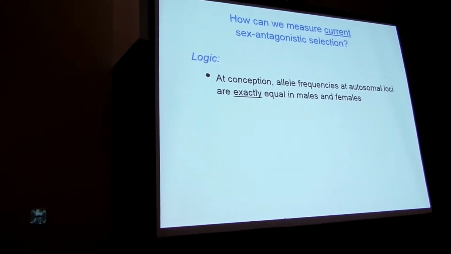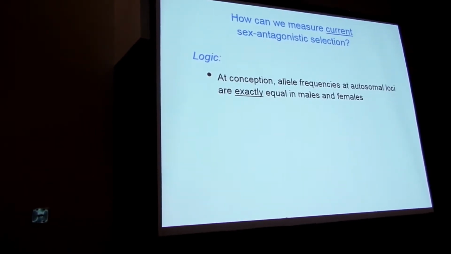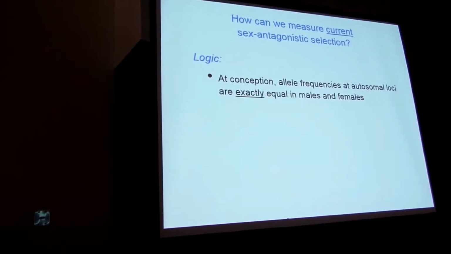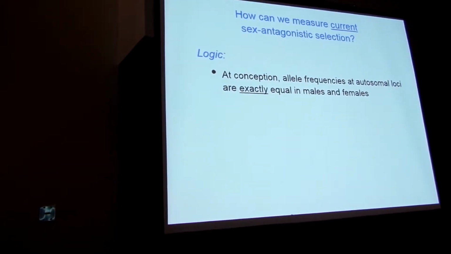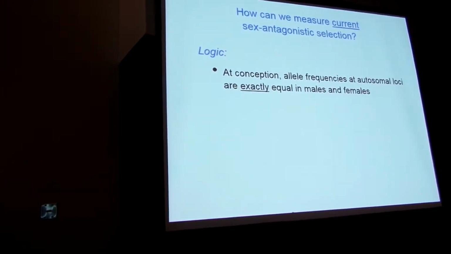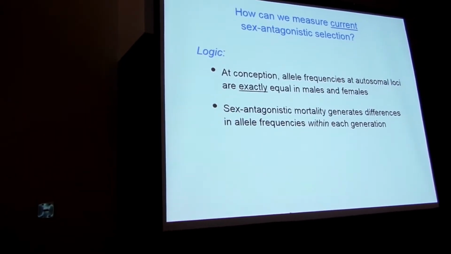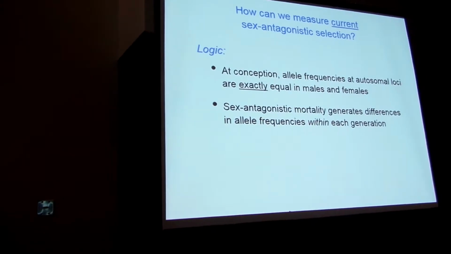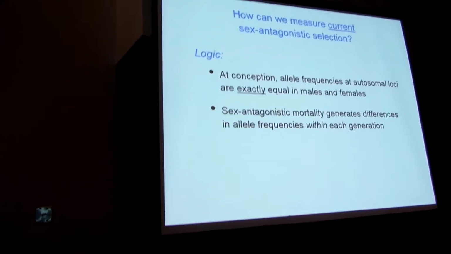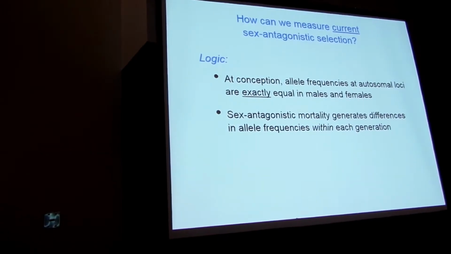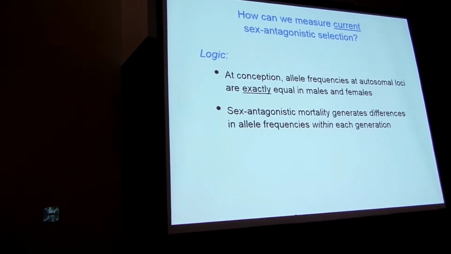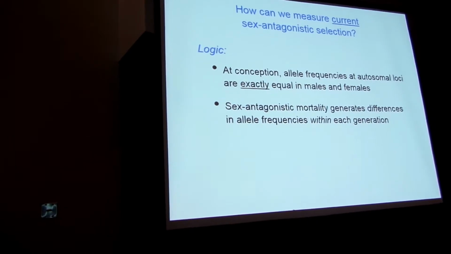It's a fact of Mendelian inheritance that at conception, allele frequencies at autosomal loci are exactly equal in males and females. So, if there are sex differences in mortality, what will that do? Sex-antagonistic mortality generates differences in allele frequencies within each generation. Now those are going to be small, right? There's only one generation. It's not accumulating over time, but they should be there.